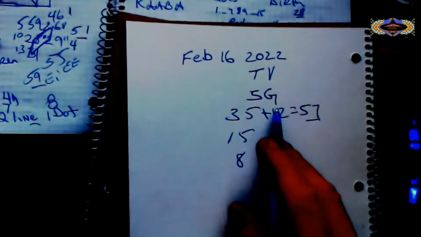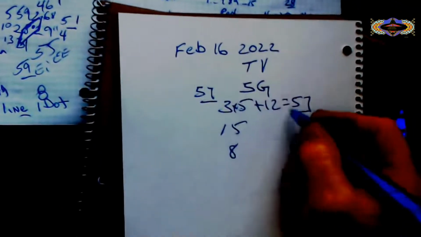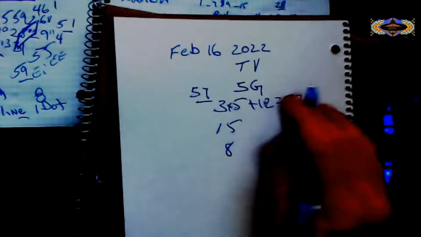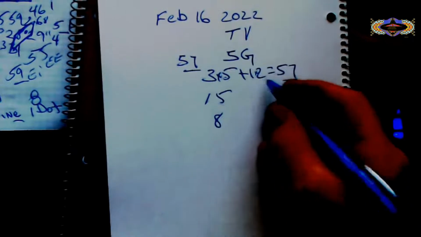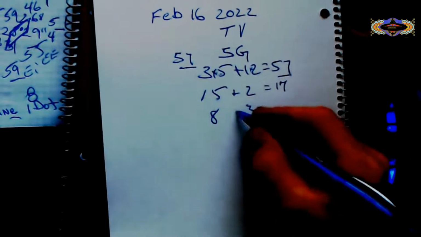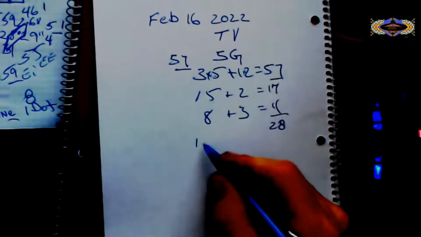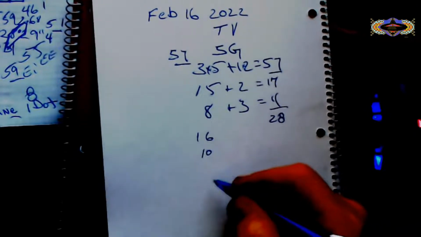That's the reverse, which is 35 and 12 equals 57, which is 15 and 8, which is 5G, which is 57. 3 by 5, 3 plus 5, 1 times 2, 1 plus 2, and then this equals 17, and this equals 11, and the cycle of the moon is 28, which will equal 16 and 10.